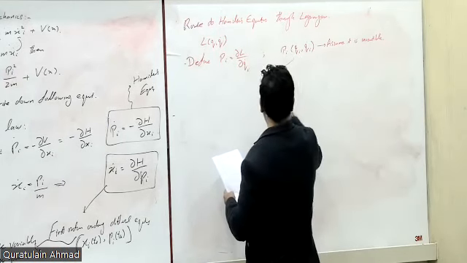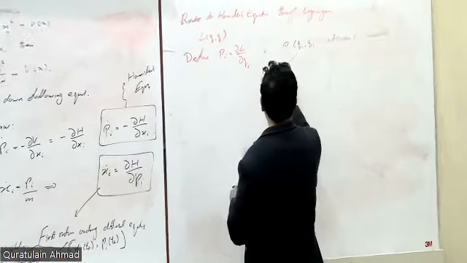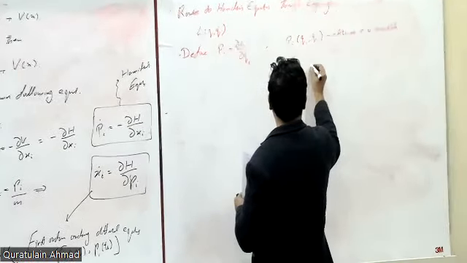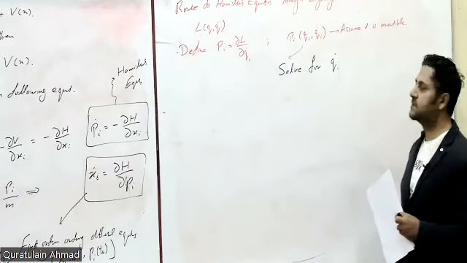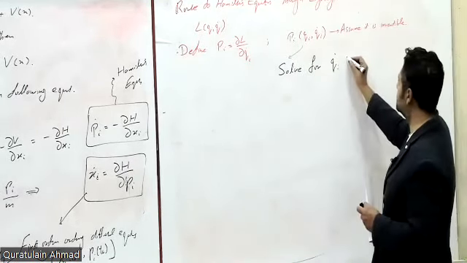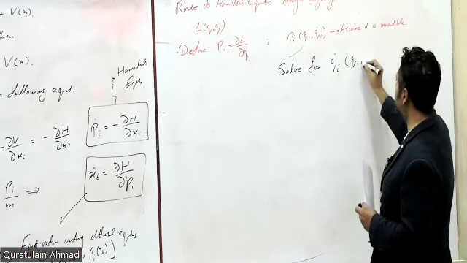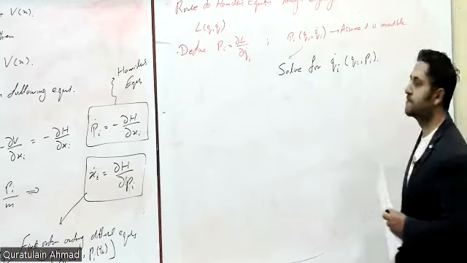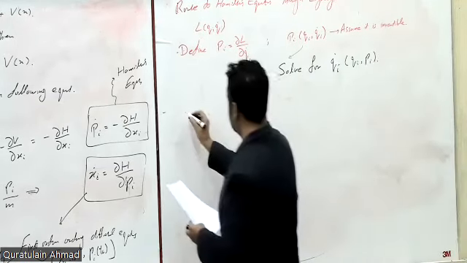So you say that, since it's invertible, solve for q̇_i in terms of q_i and p_i.